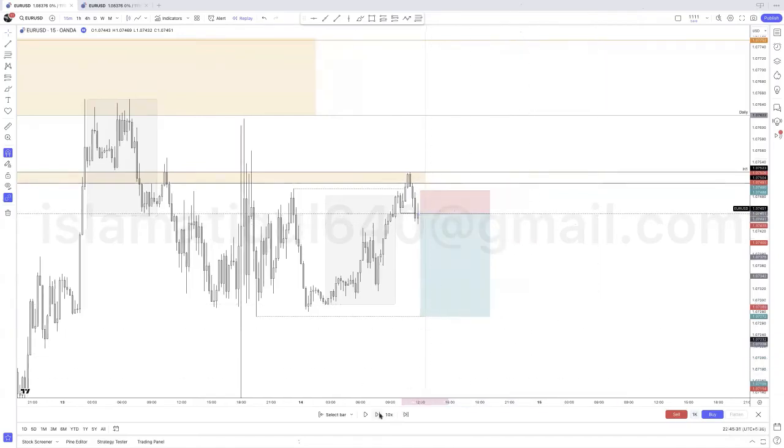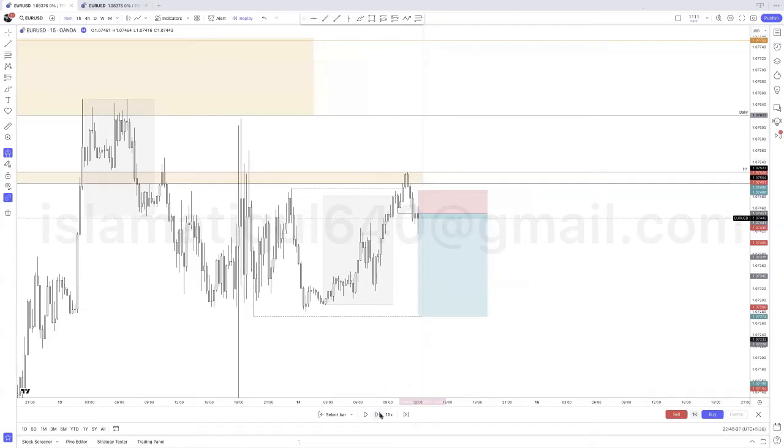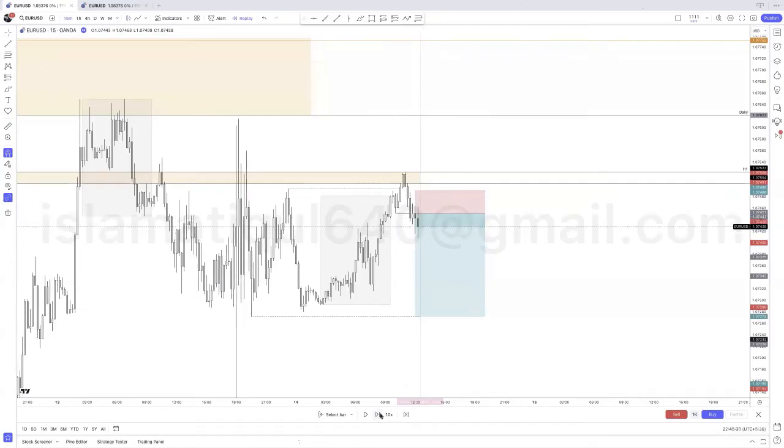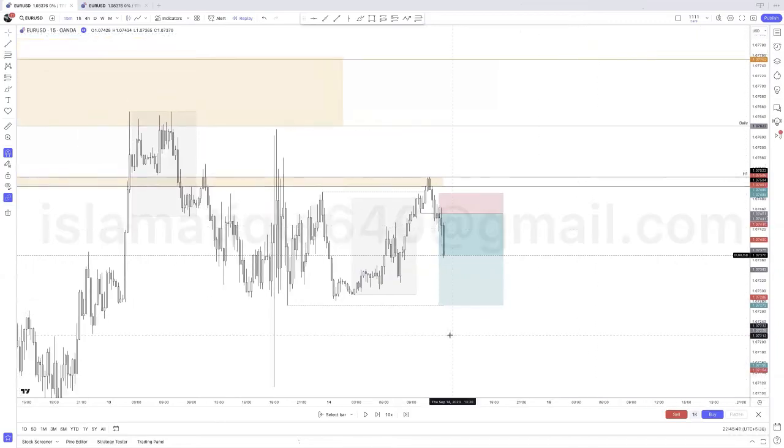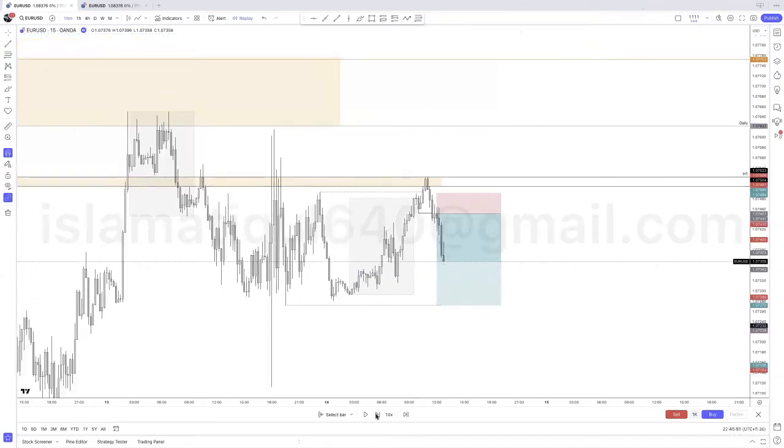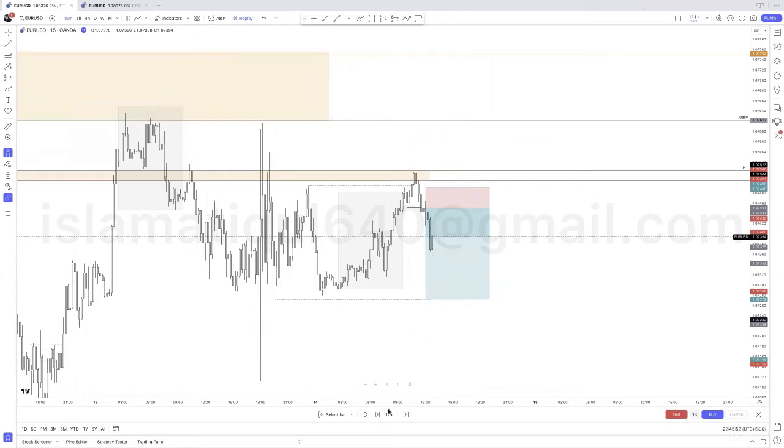Let's see what they're doing. No momentum yet. London opens. We have some momentum. Now, since this was not a very clean entry, I'll move it to break even right now itself, because since it is running in profit now, I don't want to take a loss.